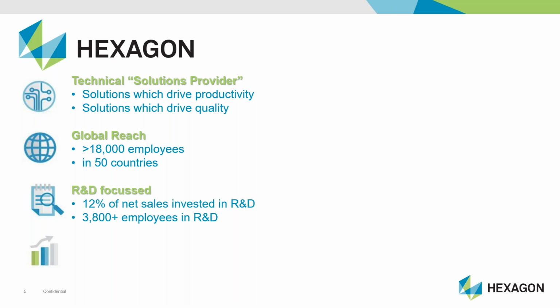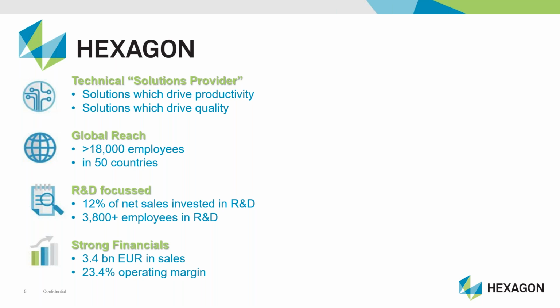We are very much R&D focused, and this is one of the most exciting parts of working for Hexagon. You can see here 12% of net sales are invested back into R&D, and over 3,800 employees in R&D alone. And that really does create an entrepreneurial spirit and also very much a spirit of innovation, which lends itself well to a sales and support organisation.